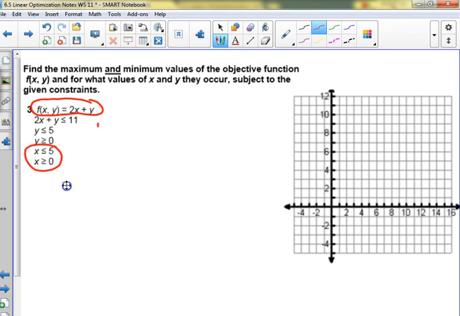X equations go up and down. So between 0 and 5. So x is in here somewhere, between the y-axis and 5. That's these two. I just didn't bother to put a red line over the top of this.